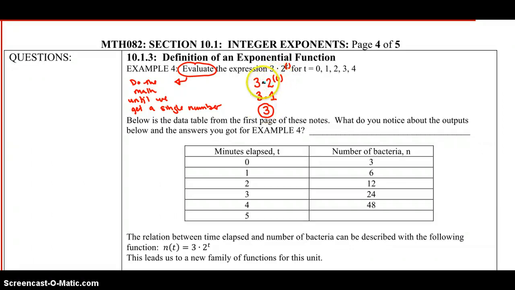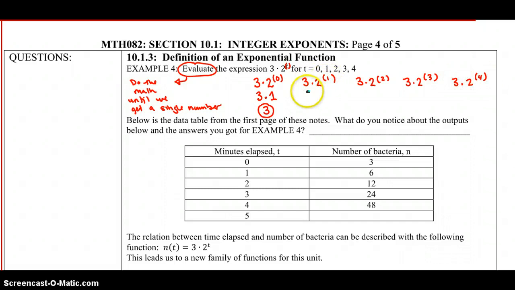Okay, exponents happen before the multiplication, so following order of operations, we did the math until we got to a single number. Now if we take this same expression, we're going to substitute 1, and then we're going to substitute 2, and then we're going to substitute 3, and finally we're going to substitute 4 for t.